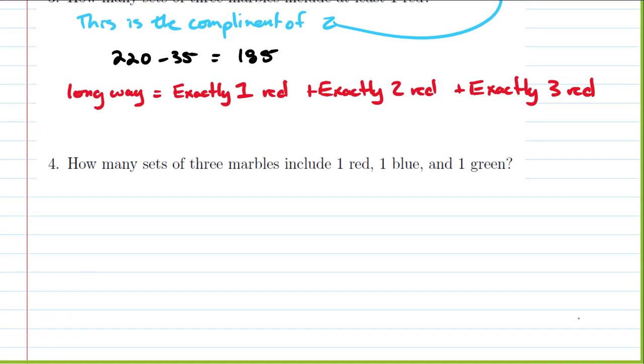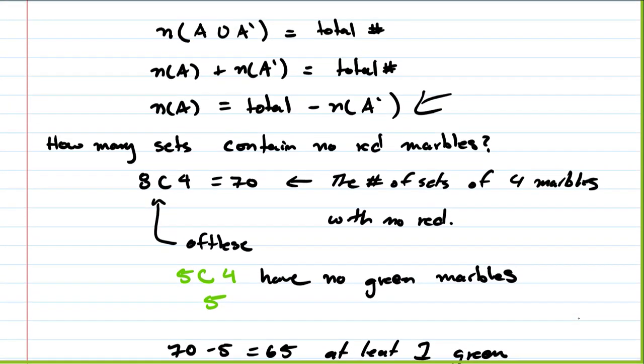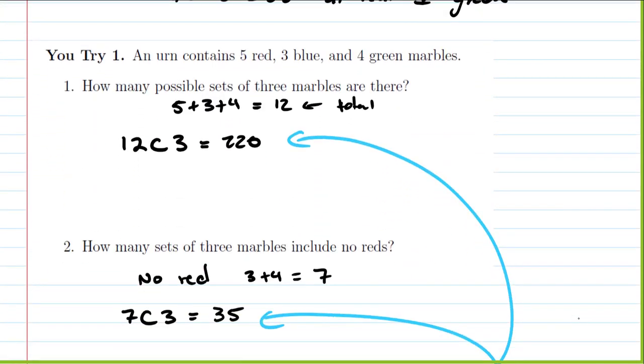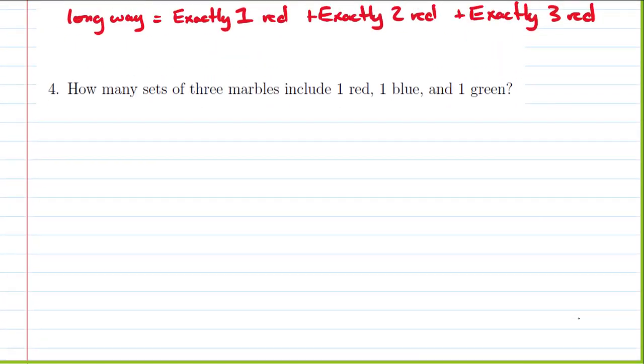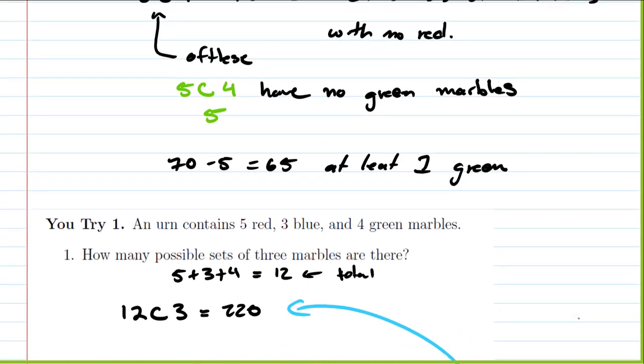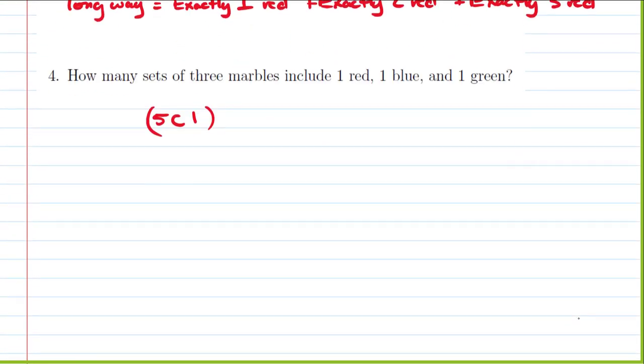How many sets of 3 marbles include 1 red, 1 blue, and 1 green? So we're picking our 3 marbles again. We have 5 red, 3 blue, and 4 green. So how many ways can we pick 1 red from 5? Well, that's going to be 5 choose 1. How many ways can we pick 1 blue from 3 blue?